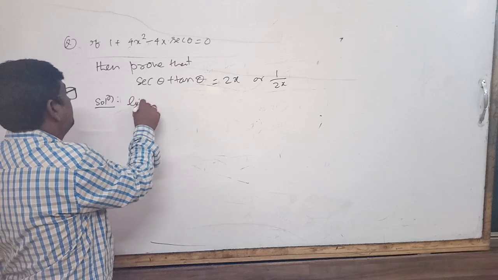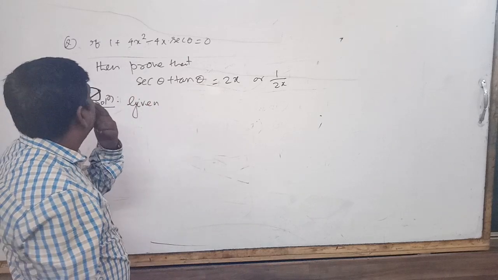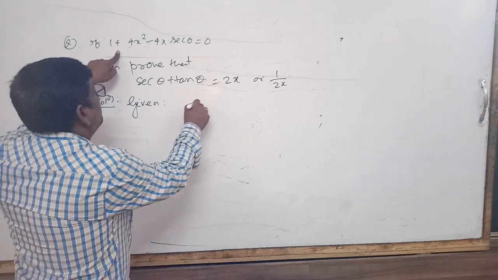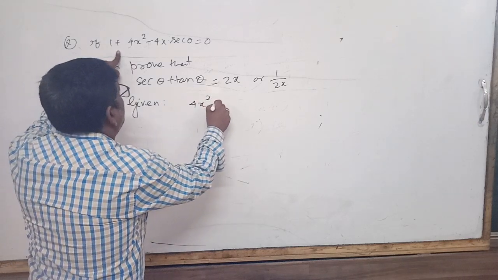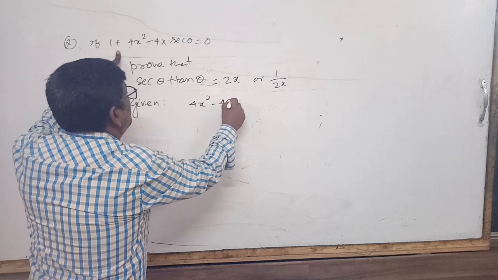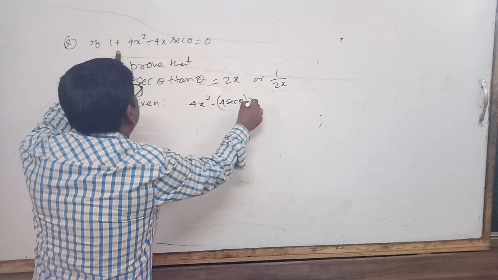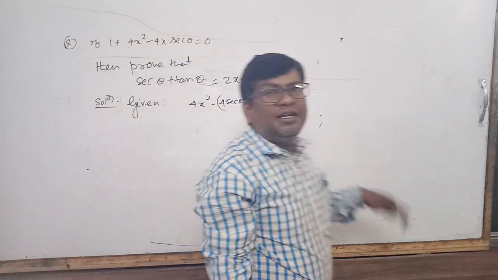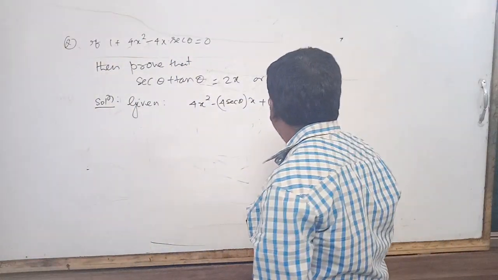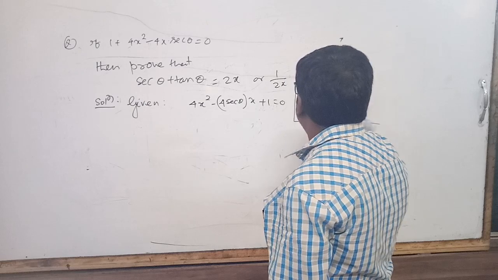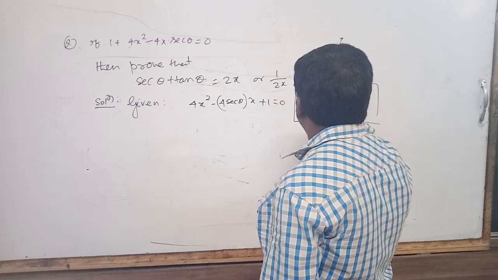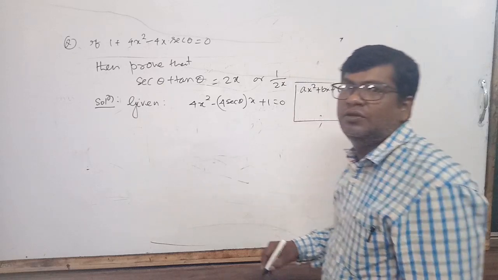Given, we can write 4x square minus 4 sec theta into x plus 1 is equal to 0. This is a quadratic equation in the form of ax square plus bx plus c is equal to 0.